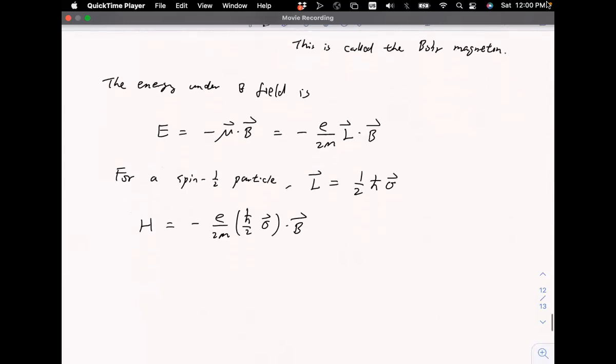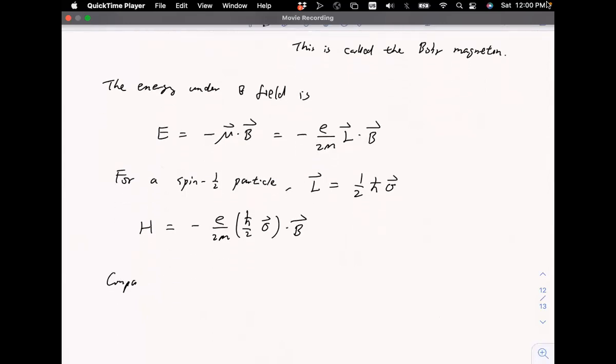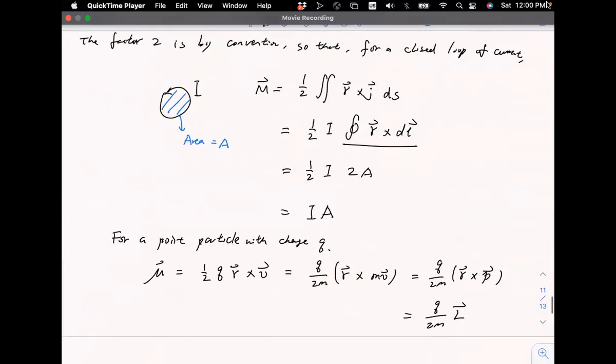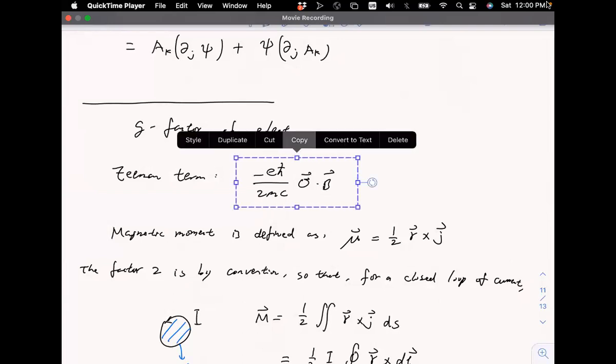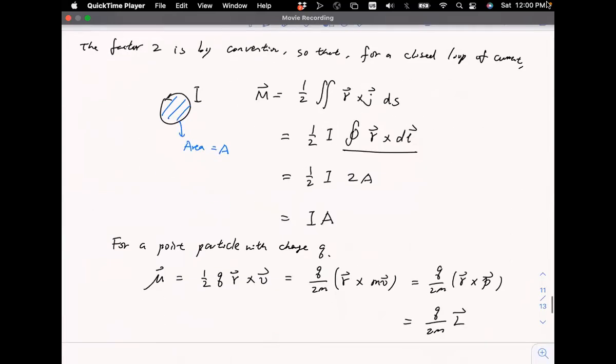Okay, you compare this with the Zeeman term. What is the Zeeman term? Let's go back and check. This is the Zeeman term you obtain from the Dirac equation. So you compare them.